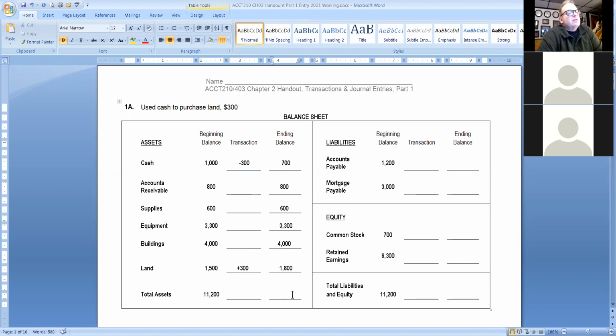It should be the same number because you minus 300 assets and you plus 300 assets, so it should be exactly the same number. Yeah, same number. That was predictable.